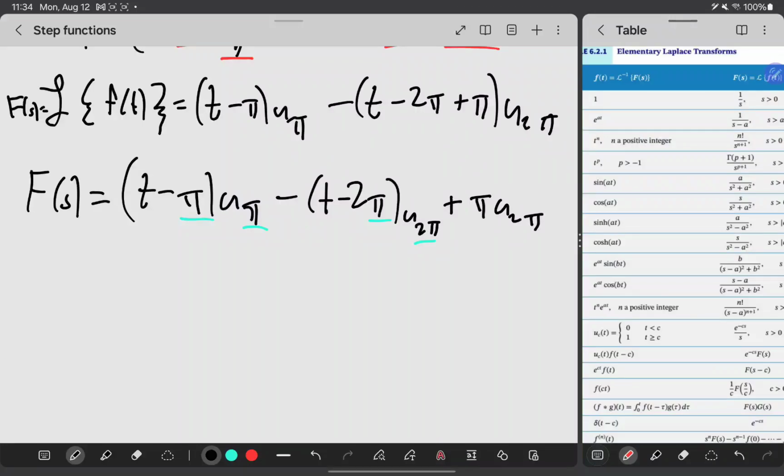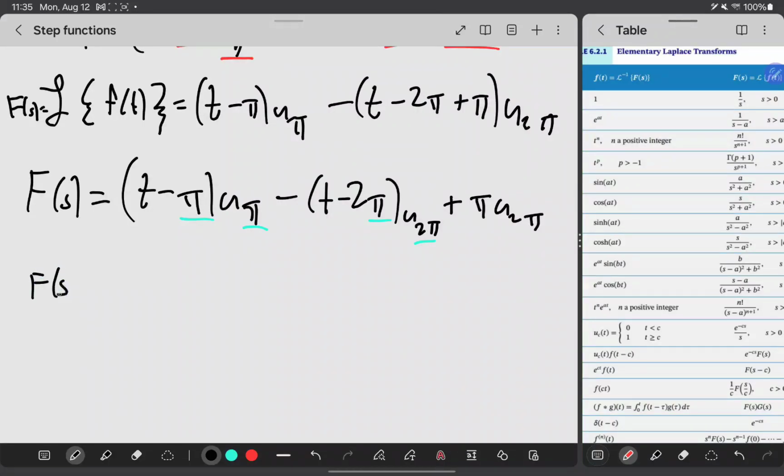So let's look at the first one. T minus pi, so our c is equal to pi. Our parent function for this one, if we plug in t for that, would just be t.